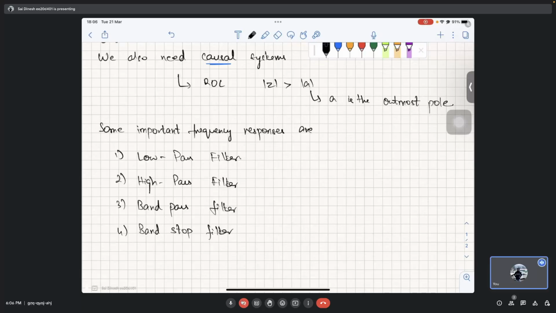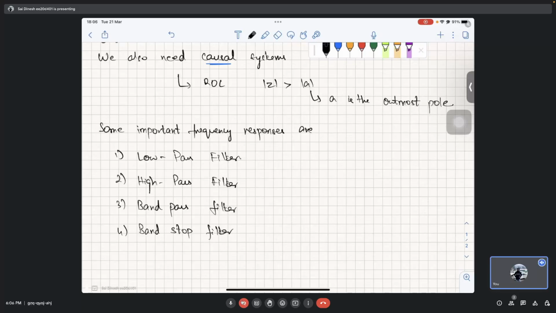The low pass filter means the system only passes the low frequencies, that is in and around 0. And the high pass filter passes only the high frequencies, that is around pi. Since the DTFT repeats over minus pi to pi, the high pass filter is the frequency around pi.